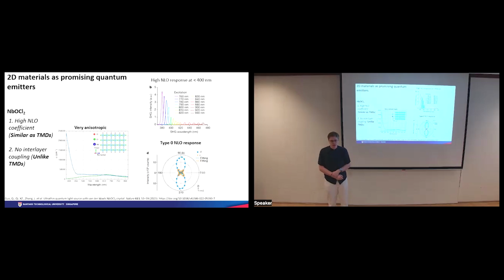The advantage of this material is that it has extremely low interlayer coupling. What that means is you can stack different layers together and the layers don't interact with each other. For example, with the transition metal dichalcogenides, you would have a transition between the bulk properties and the monolayer properties.